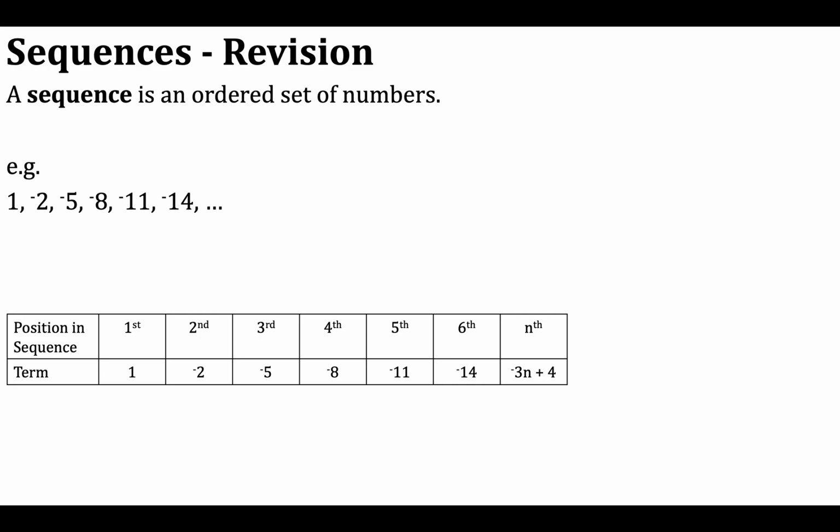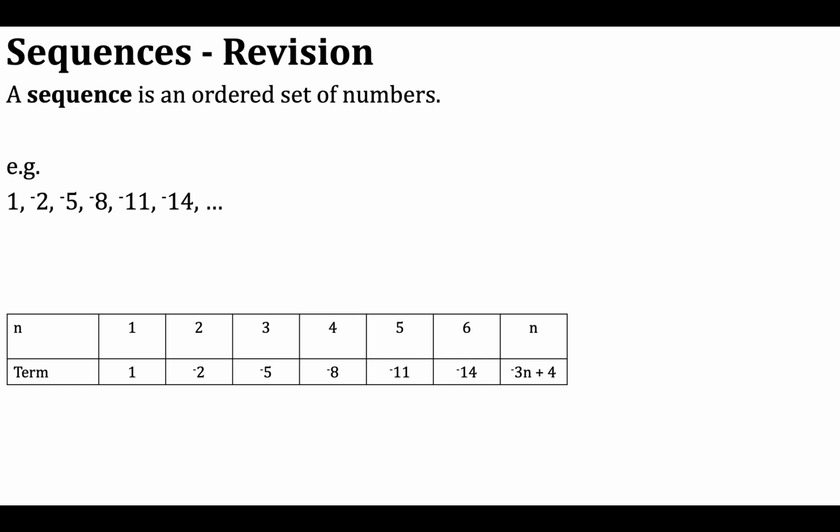If we look at that in the table, with the position in the sequence, the first number was 1, the second number was -2, the third was -5, etc. Now if I wanted the nth term, I would have to multiply the number of the term here by -3 and then add 4 to my answer. Just changing that so that the top row is referred to as n gives us a general picture of what's going on here.